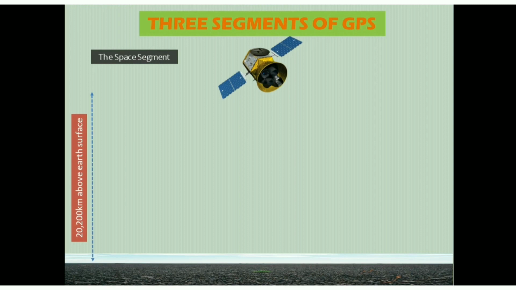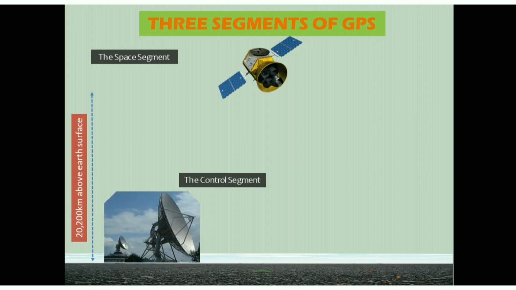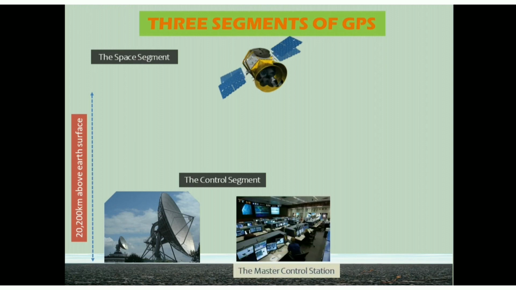Next is the control segment. The main control station is the US Air Force Space Command facility at Colorado Springs. Along with Colorado Springs, there are four control stations, which are Hawaii, Ascension Island, Diego Garcia, and Kwajalein.